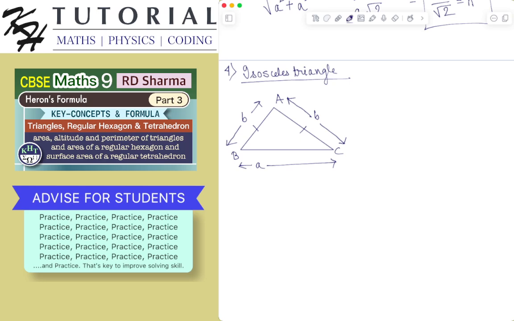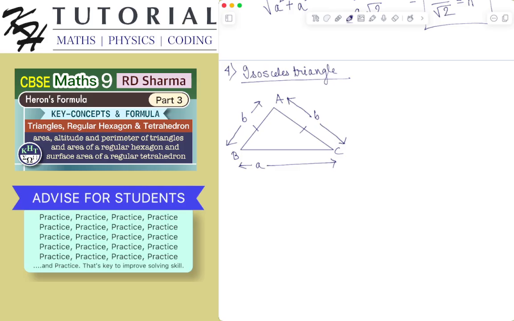Since we know the length of all the sides, you can obviously use Heron's formula to find the area, but you can alternatively also find the altitude corresponding to the side BC of this triangle. As I said, this is an isosceles triangle where AB is equal to AC.